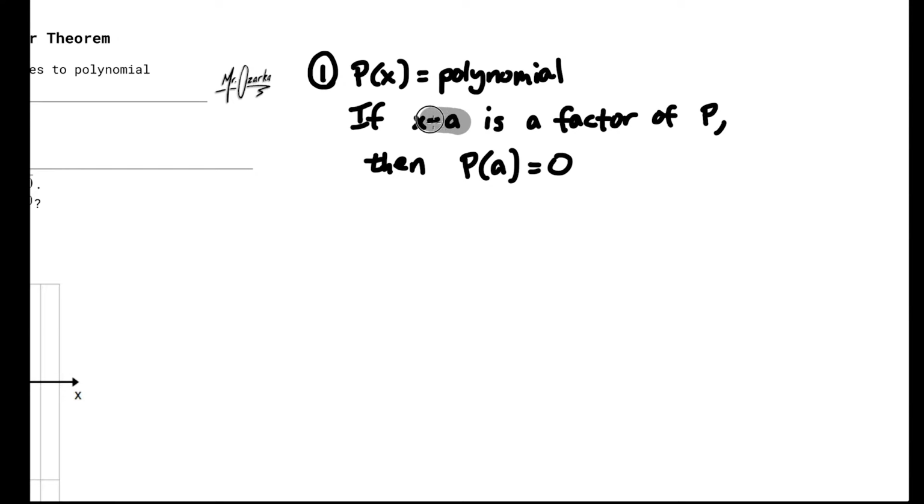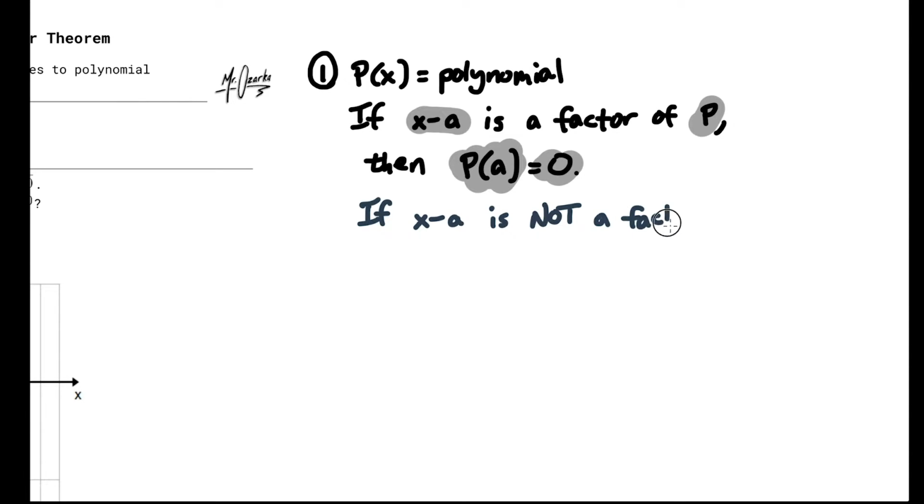Okay, so that's part of remainder theorem, is if you actually have this factor x minus a right here, and it's a factor of p, then if you actually plugged it into the function, you would get a 0 out of it. Okay, so that's basically telling you that there would be no remainder on that because x minus a is an actual factor. Now the corollary to that, if x minus a is not a factor of p, then p of a is not equal to 0.